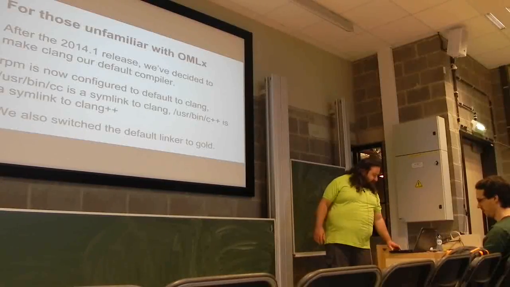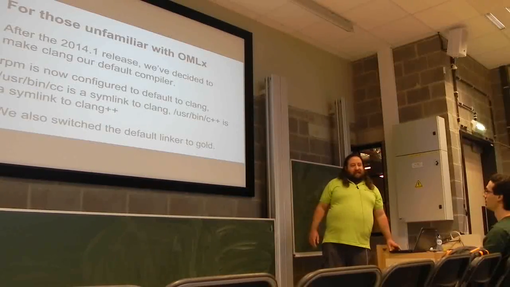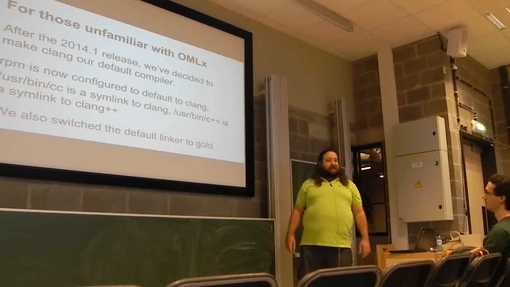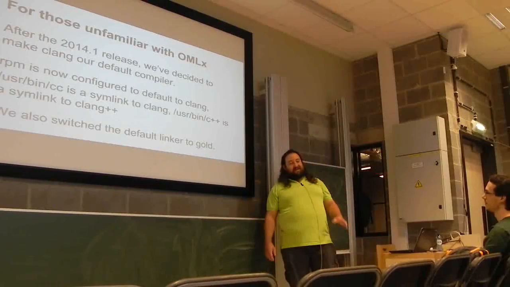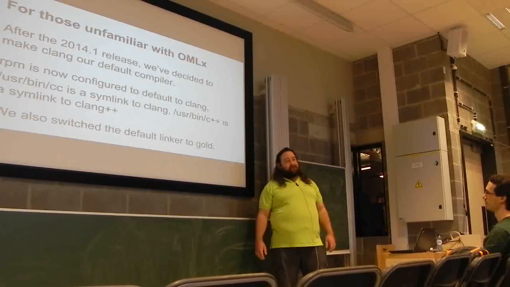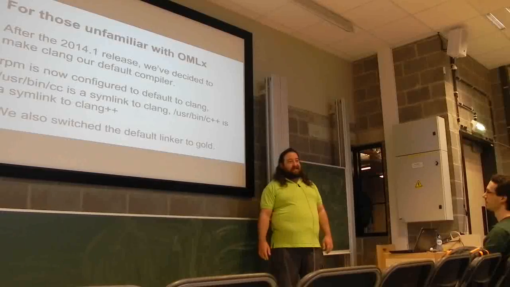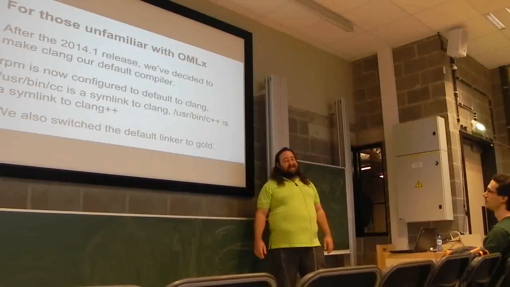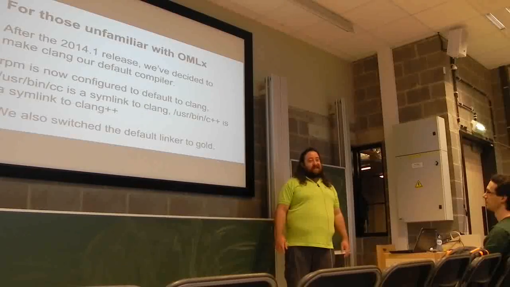Did you change the C++ library as well to use libstdc++? No, at the moment we are still using libstdc++ from GCC. We'd really like to switch to libc++ and also possibly switch from glibc to musl, but there's the problem of binary-only applications that are linked against what everyone else is using.